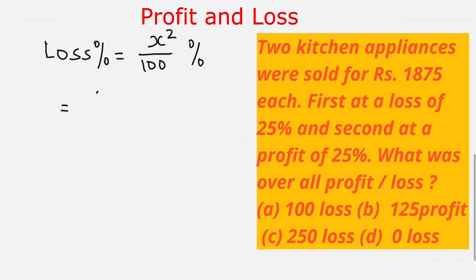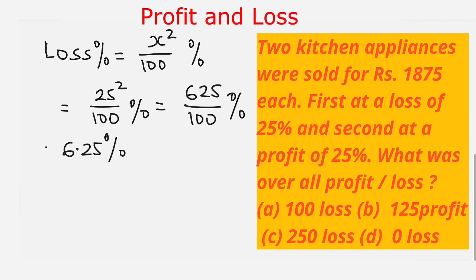So this comes out to be 25 square over 100%. That is 625 divided by 100%. This is equal to 6.25%. Now we have been asked the total loss or profit. Here we know that it is loss of 6.25%.